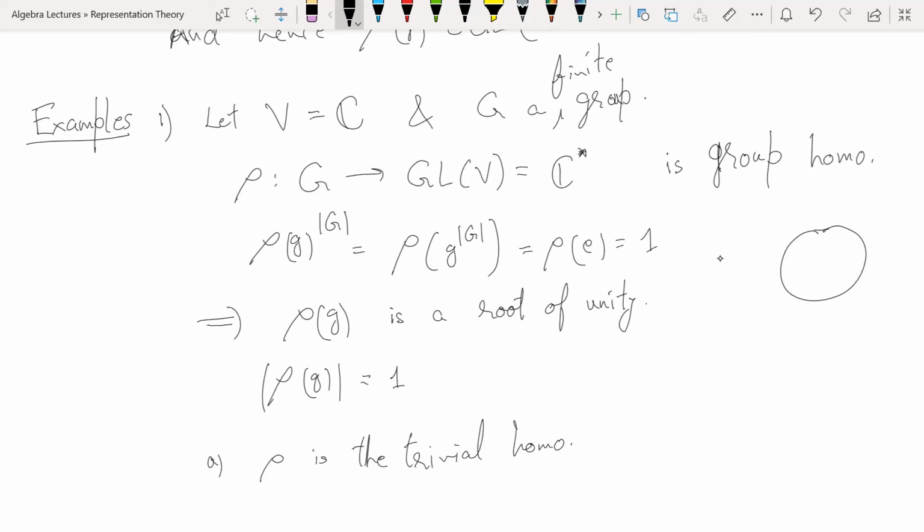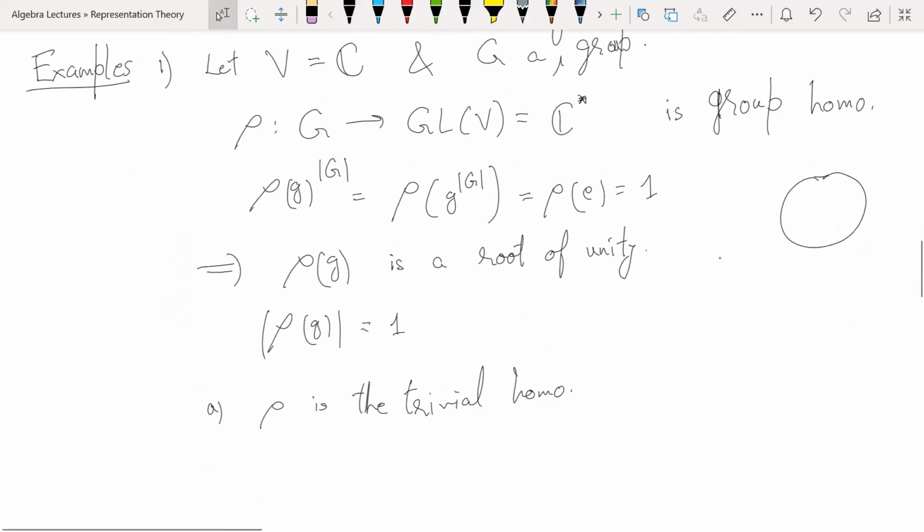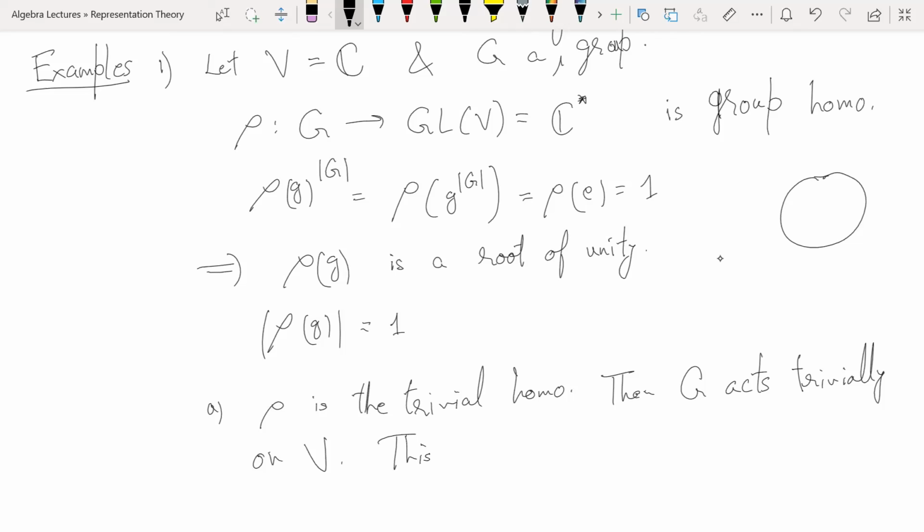That means the image of everything is the identity, so the action on V is the identity. It gives you a trivial action. Then G acts trivially on V. So this is called the trivial representation.